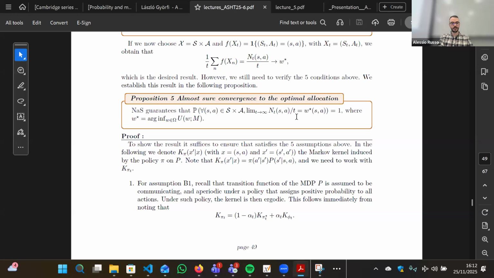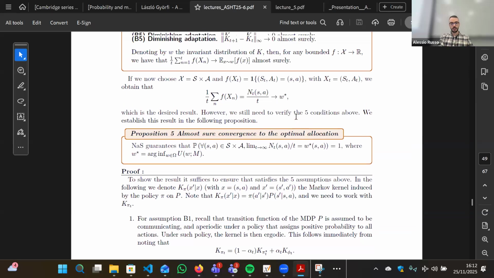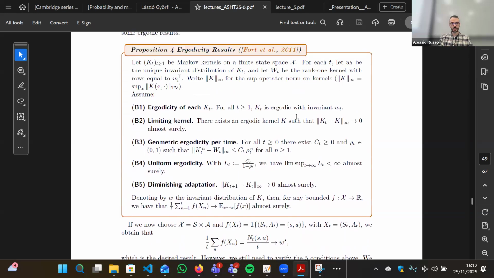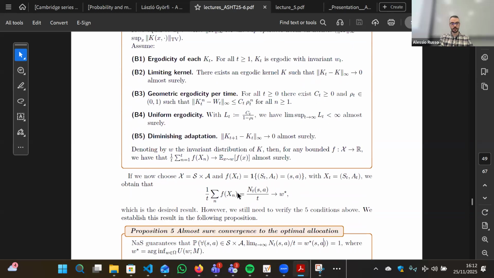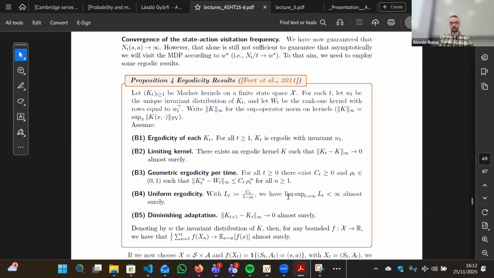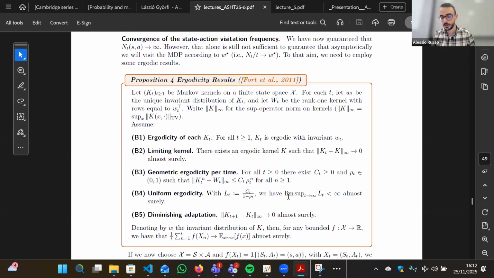I didn't do the proof the last time because it's quite involved. And basically it relies on using an ergodic theorem that tells you that the average visitation converges to the stationary distribution. So to guarantee this result, we need to ensure some properties first.